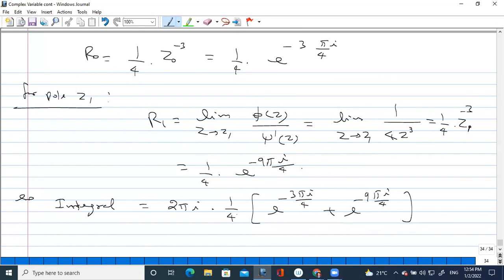The option can be in this form also, or you can utilize the value, because the value I have already found. 2 pi i 1 by 4, you can use e to the power minus 3 pi i by 4. That will be minus 1 by root 2 minus i 1 by root 2. And this will be, because this is the third quadrant.